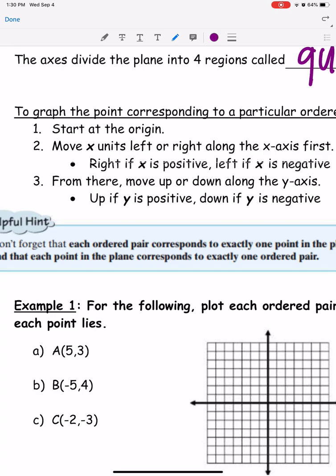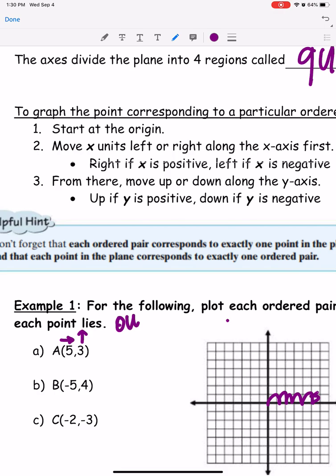All right, so for A, we're going 5, 3. So 5, we're going to go OU. That means over side to side. 5 means positive right, and then up or down 3. 3 is positive, so up 3. So from the origin, we're going over 1, 2, 3, 4, 5.